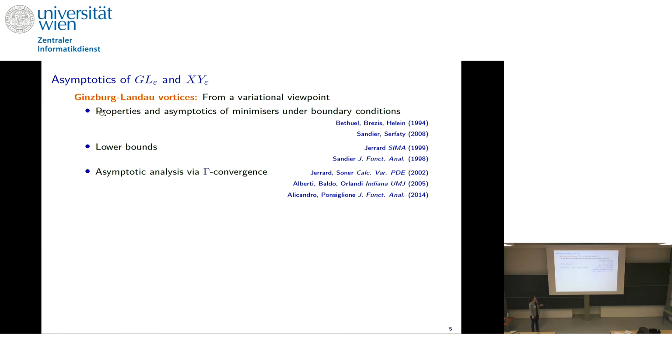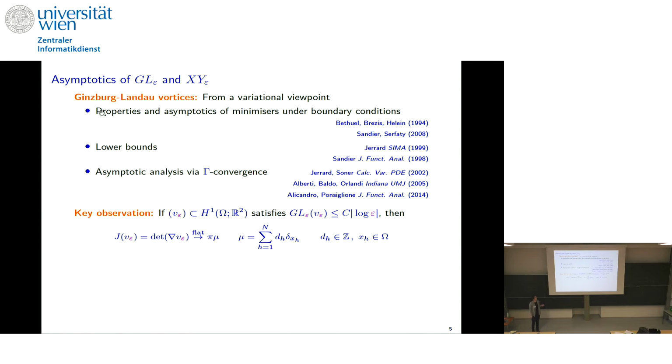The key observation in these results is that if, in the continuum, you have a field in H1 taking values in R2 such that the Ginzburg-Landau energy blows up at most logarithmically, then you have a nice compactness property: the Jacobian of this field, which is just the L1 function determinant of the gradient, converges in a certain sense to a measure which is a sum of weighted Dirac deltas.